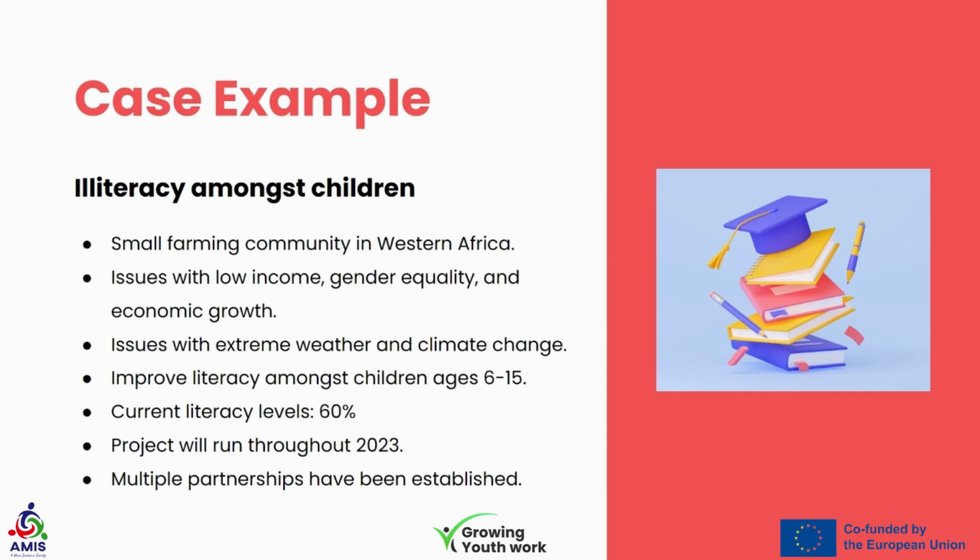The program will run throughout 2023, and we have already established contact with the municipality, a local NGO, donors, staff at the school, and the parents of the children. We also have a producer of school materials on board. We will be referring to this case study throughout the module.